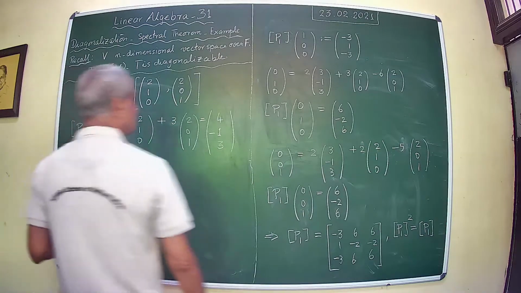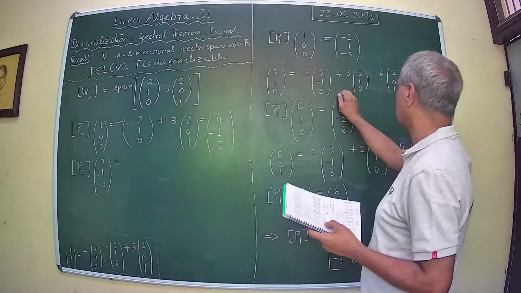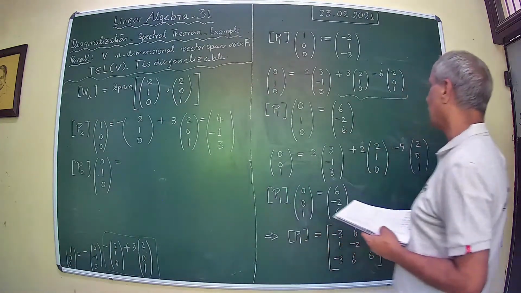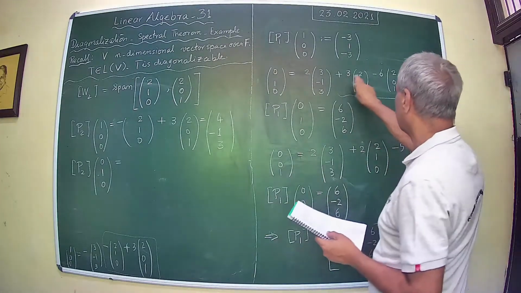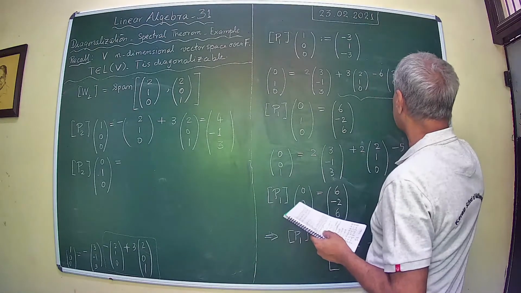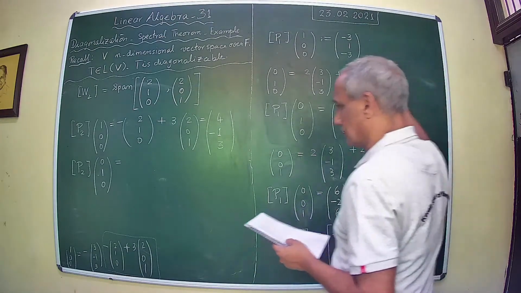Similarly, this I write as this is actually the sum of these two. Okay, and that you can write. It will be 6, 12 minus 12, so minus 6.